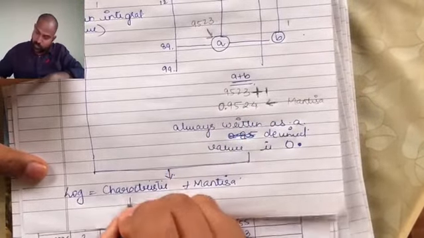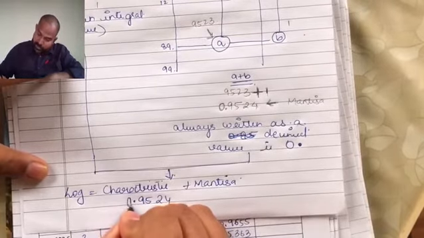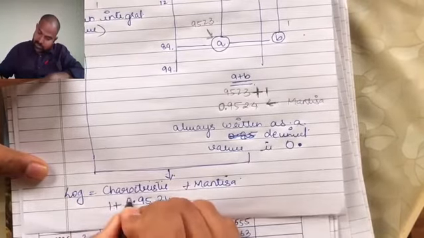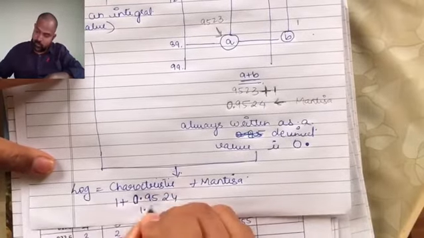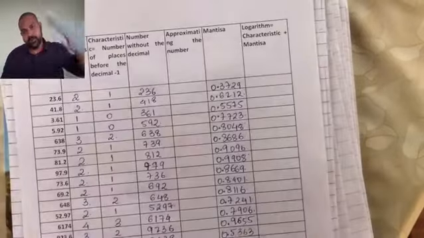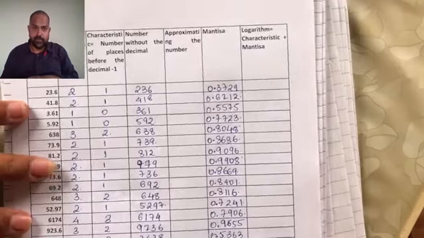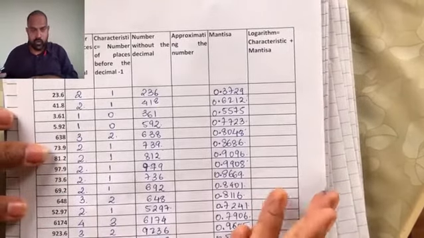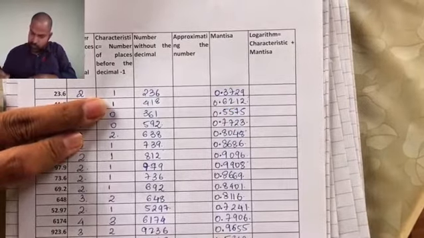Then the log is 1.9524, or if you want to write it as 1 plus 0.9524, which is basically 1.9524. That's your answer. Let's do that with everything here. So I hope for this you don't need me to zoom in. 1 plus, up till where can we see this?